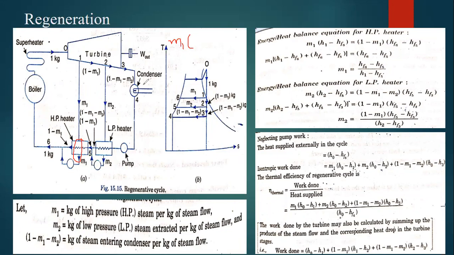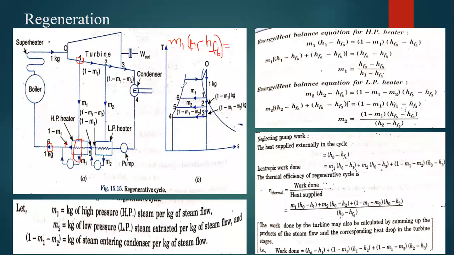So m1 kg into the input enthalpy and the output enthalpy, h1 minus hf6, right? This is the input enthalpy h1, and hf6 is the output enthalpy for m1 kg of steam. Okay, for this we need to consider how much we are going to have here. hf6 we are going to have here. So that's why m1 of h1 minus hf6.